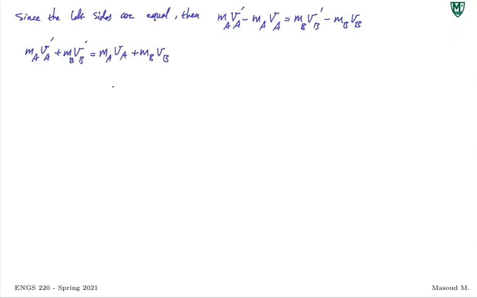So if object A is moving with velocity VA and object B is moving with velocity VB before impact, after the impact, object A is going to have velocity VA prime and object B is going to have velocity VB prime. This is the total linear momentum of A and B. That's what it tells us.